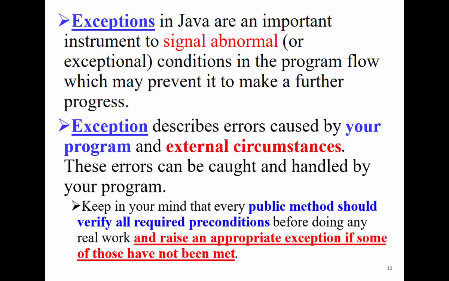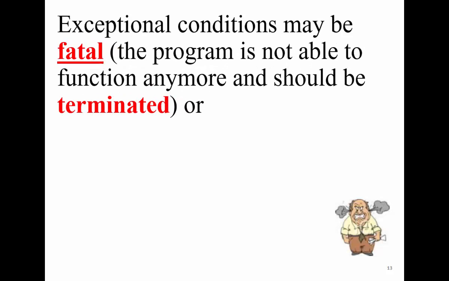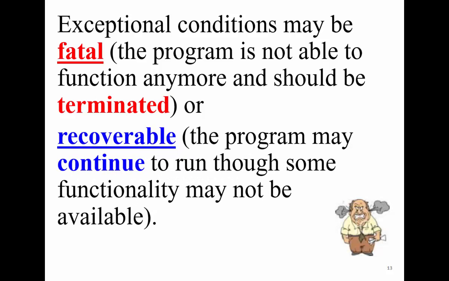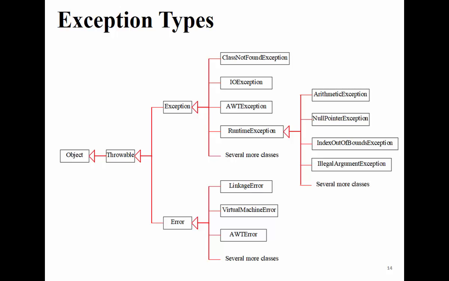So you have to be able to detect these abnormal cases or any violation of preconditions. Now, exceptions might terminate your program if you don't handle them very well. Sometimes we can recover from these exceptions by catching them and continuing the execution.